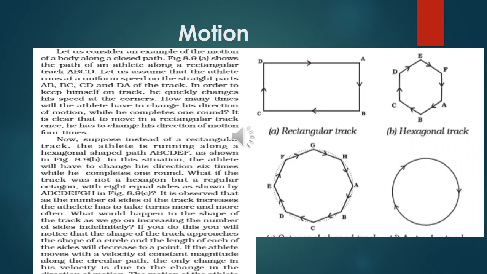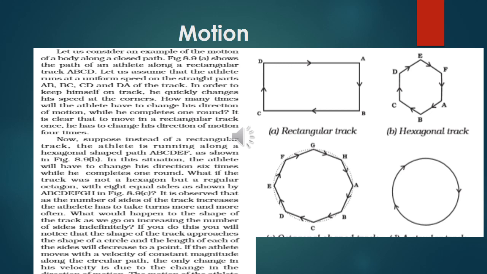So here let us consider an example of motion of a body which moves along a closed path. Suppose an athlete is running along a rectangular track, as in figure A. Let us assume that the athlete runs at a uniform speed, meaning constant speed, on a straight path.